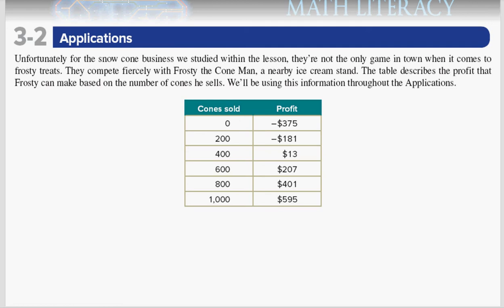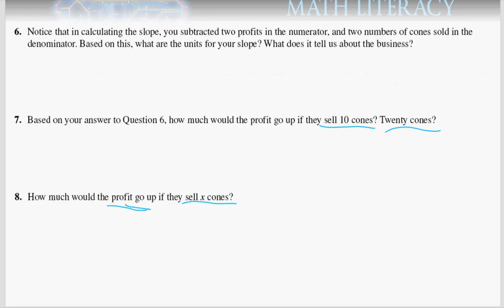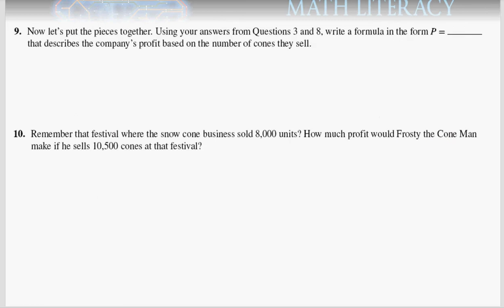So we've got when 0 cones are sold, what's the profit? So we've got that piece of information, and we've got, from question 8, an expression for what you would do with the number of snow cones. You put that together to write an equation. So profit equals some number plus an expression, and it could be plus or minus.